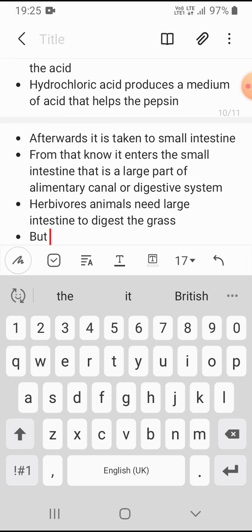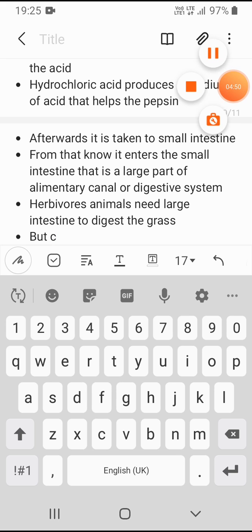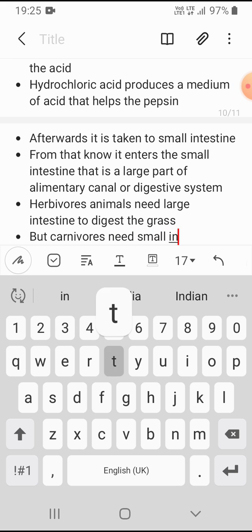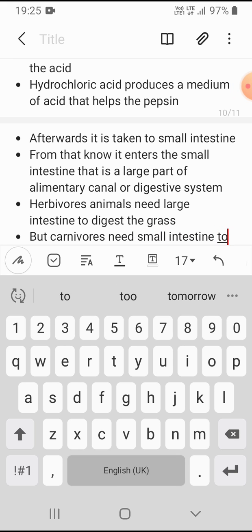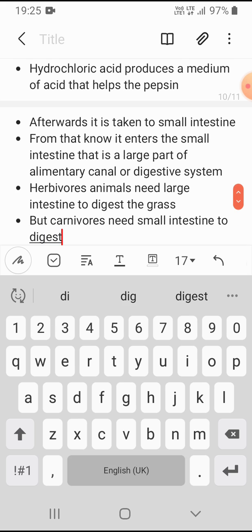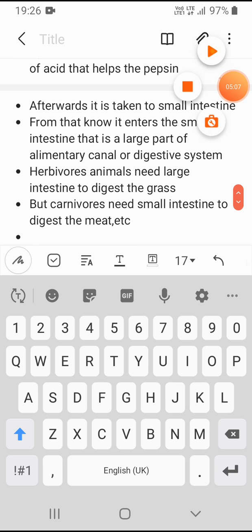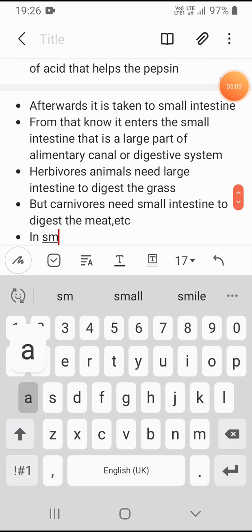But carnivores need a small intestine to digest the meat. It needs just meat, so it needs a small intestine.